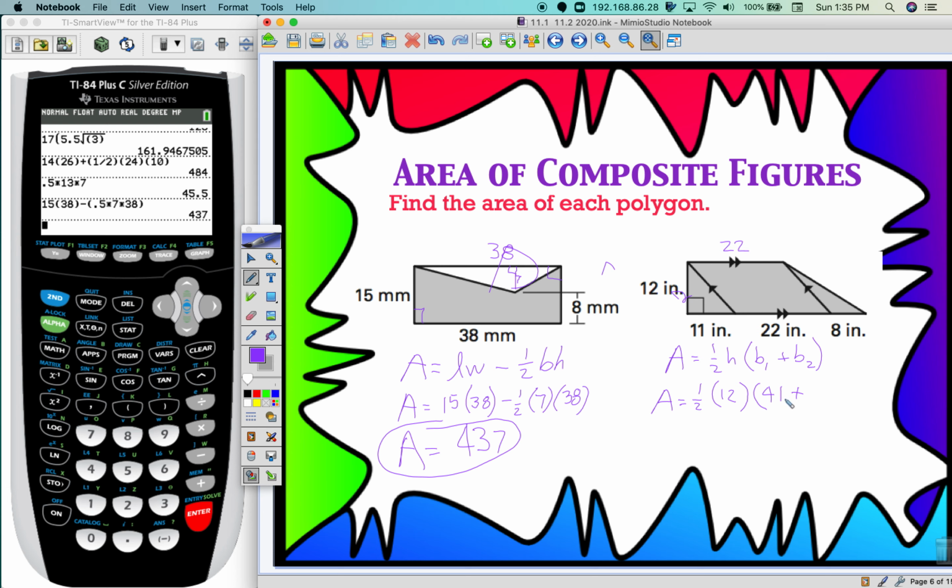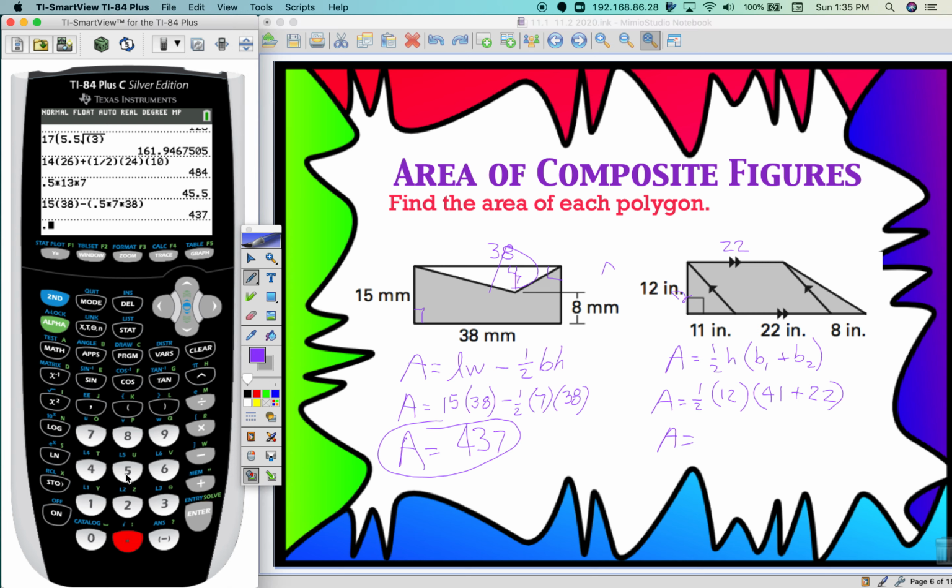Use your properties from last chapter. Opposite sides of a parallelogram are congruent. That's how I know that's 22. And now I'm ready. There you go, 378.